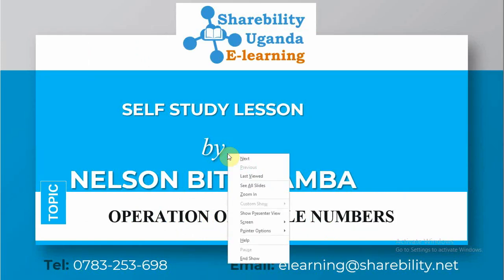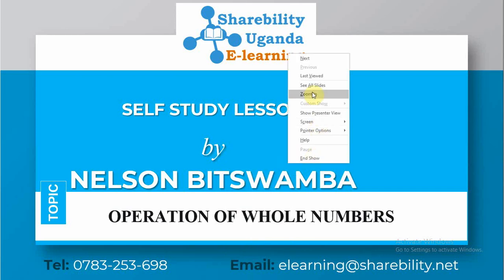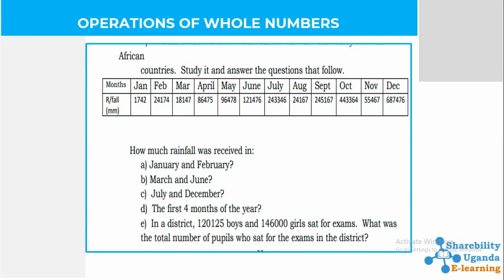So in today's video we shall be able to look at a question that is now related to these operations of whole numbers. Okay, so we have been given a question here, and in this question you find that the digits which are given are too much.